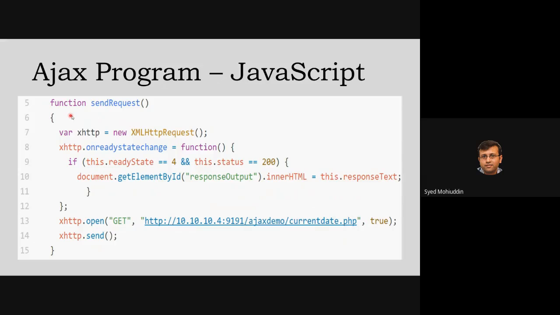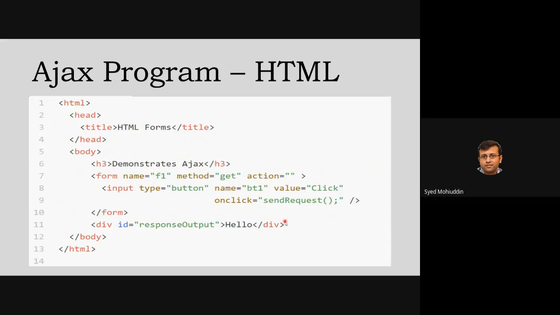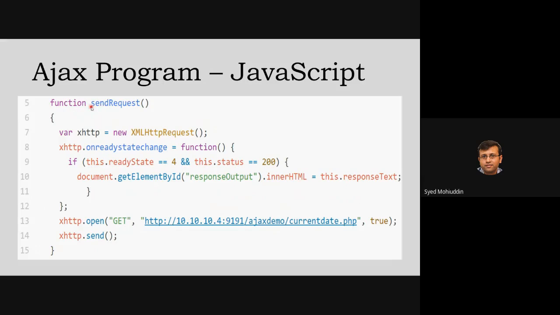Now JavaScript, this is the send function which we have to write the implementation of. This is the send function, the statement which we are using to call the send request function. In the send request function, as discussed, we have to make use of the XML HTTP request object.